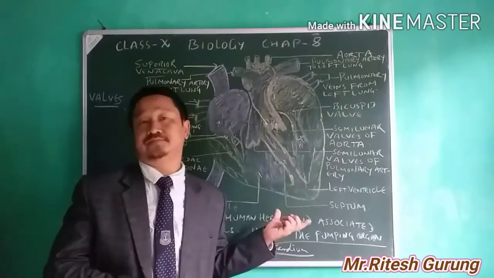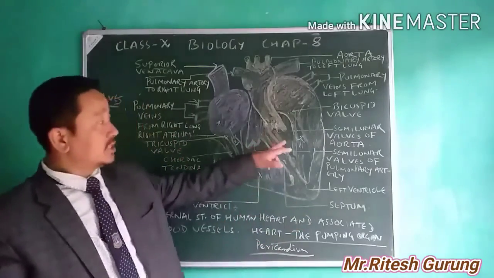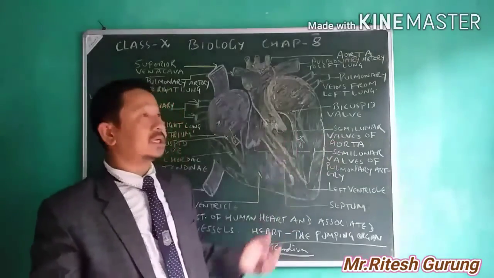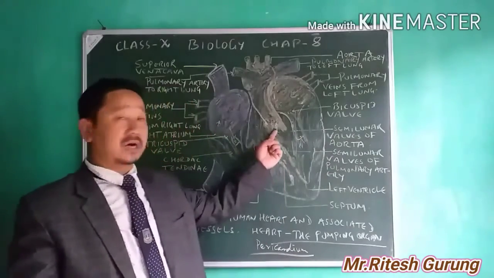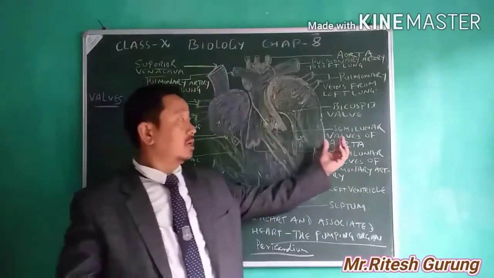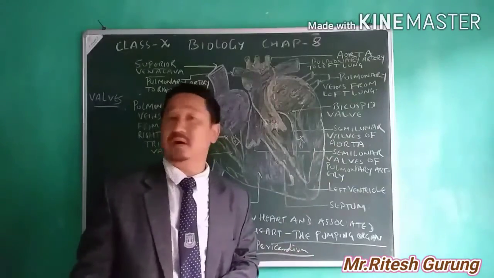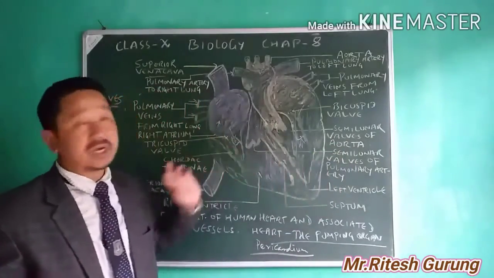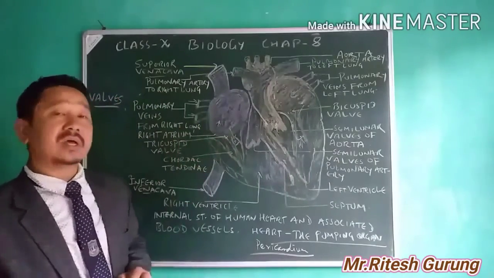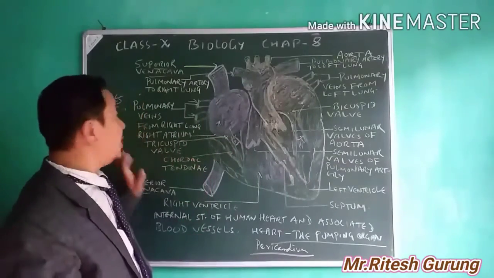They are called semilunar valves because they look like a half moon. So these are all about your valves.